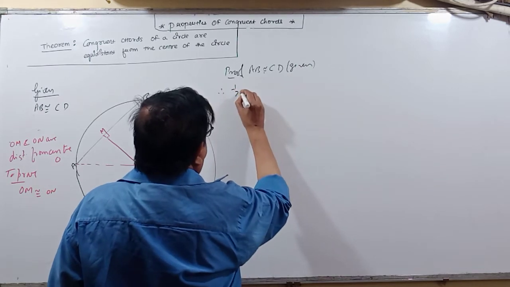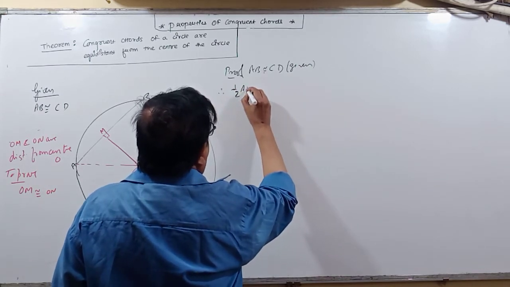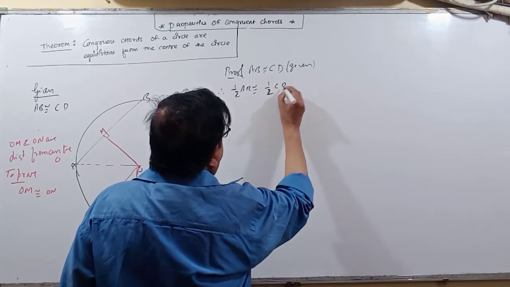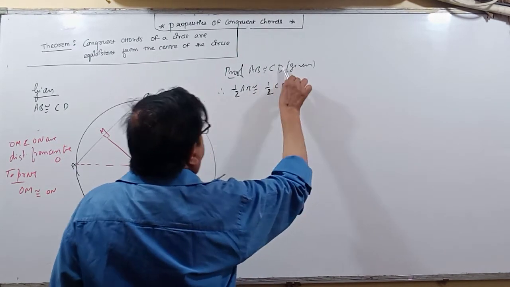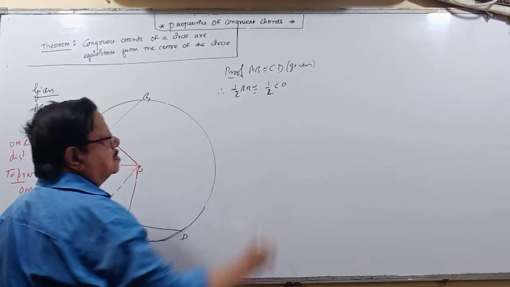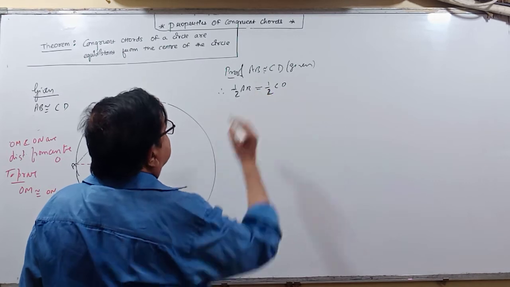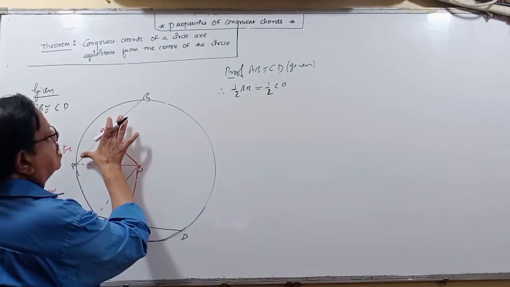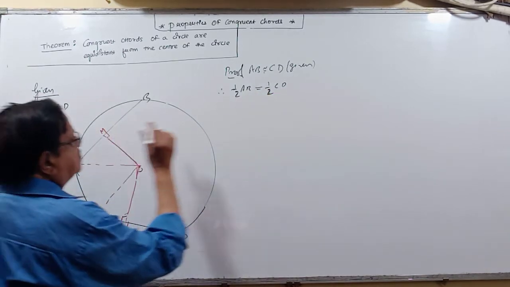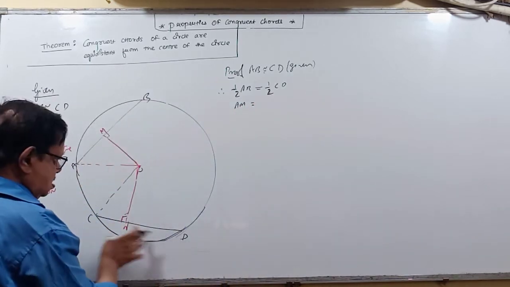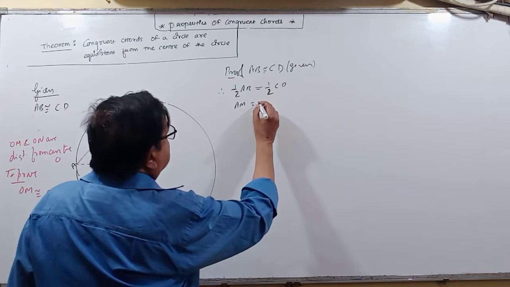Therefore, half AB congruent to half CD. इसमें कोई रीजन नहीं लिखने का. ये AB congruent to CD, therefore half AB congruent to half CD. What is half AB? Half AB is equal to AM equal to half CD equal to CN.